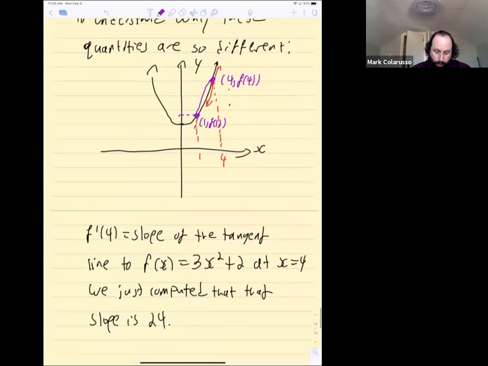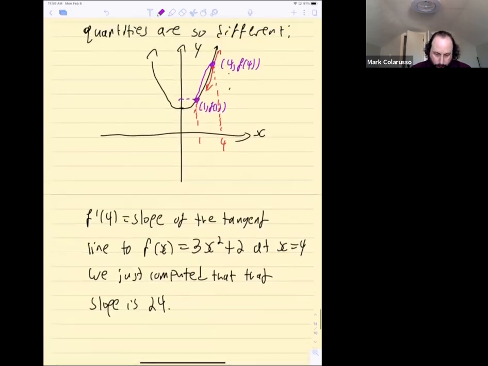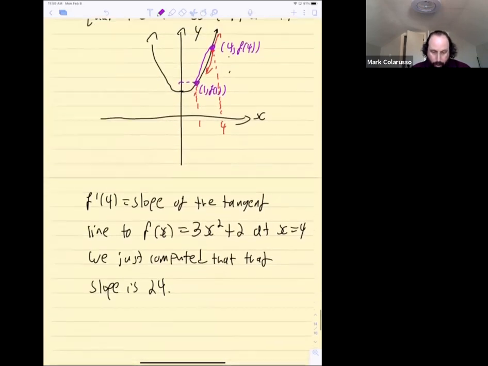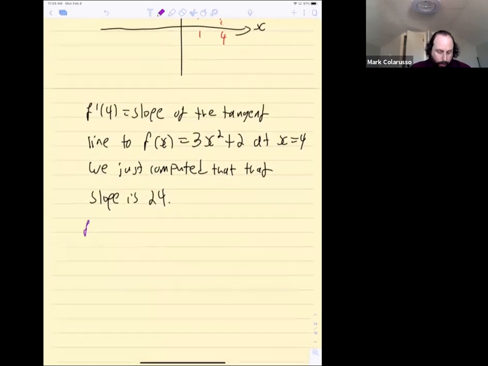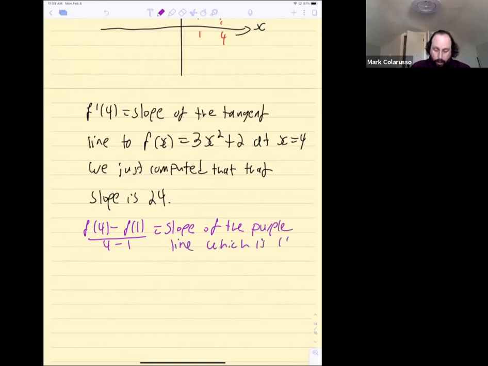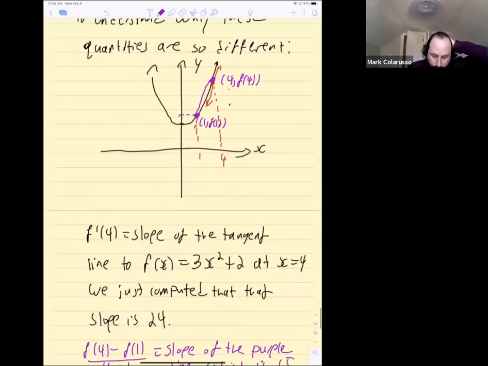The average rate of change is f of 4 minus f of 1 all over 4 minus 1. This is the slope of the purple line, which is 15.